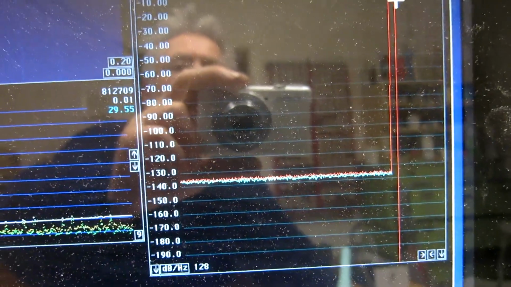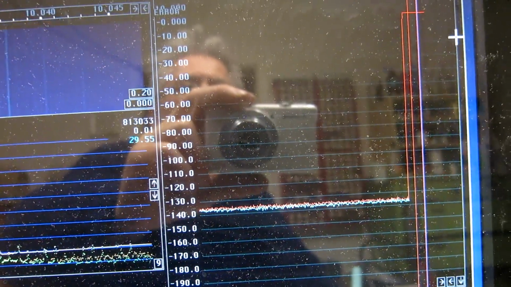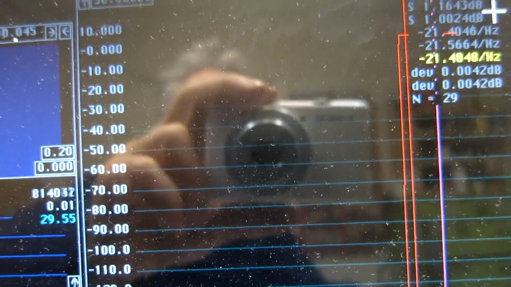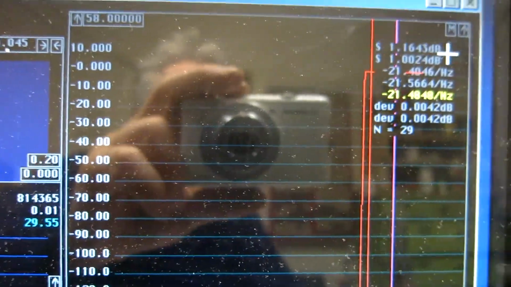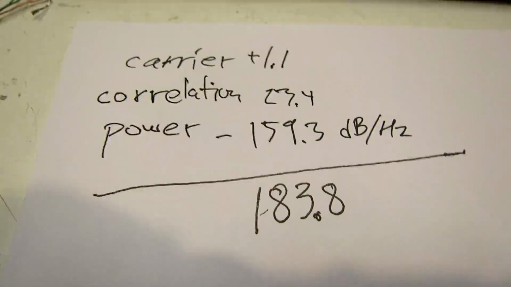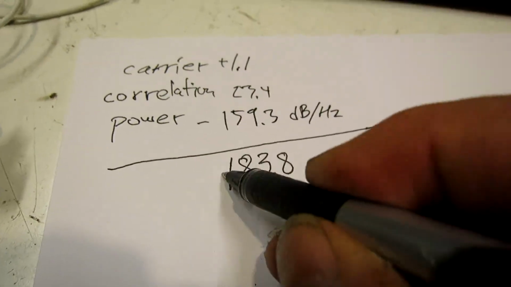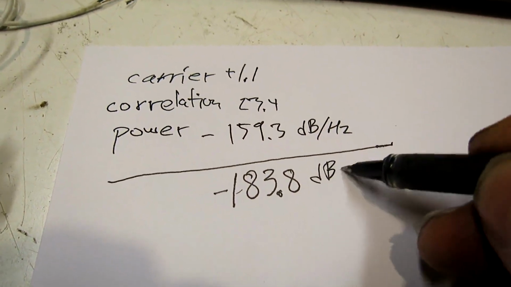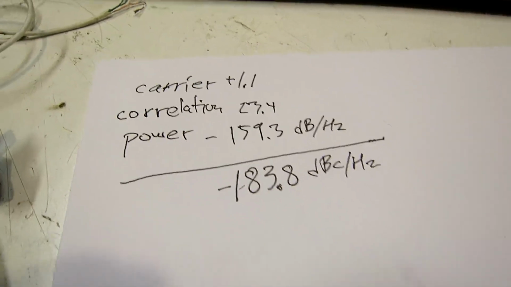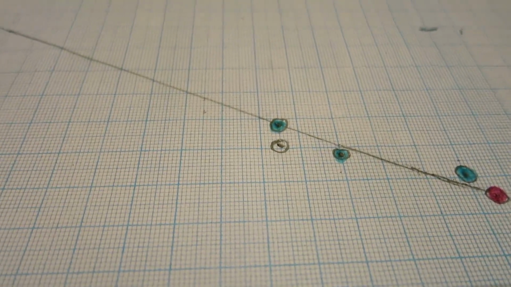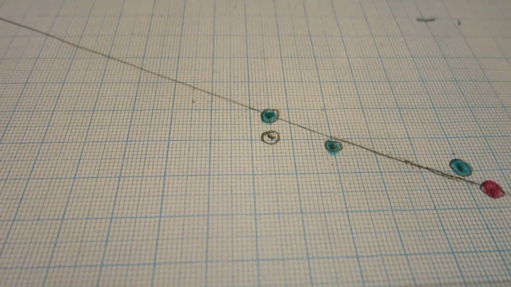And then the carrier power level is 1.1 dB plus. These numbers give me minus 183.8 dBc per hertz. That's here. A little bit better than I have seen before, and I don't yet know why.